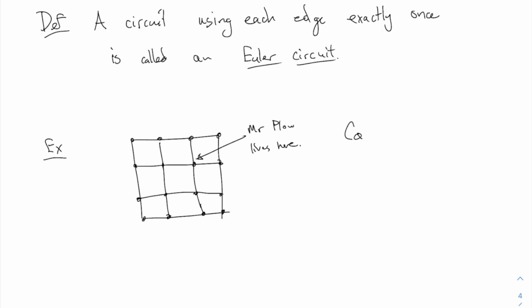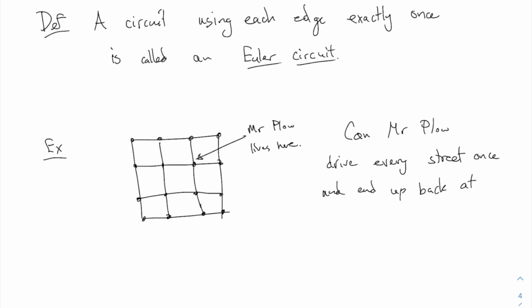The question is, can Mr. Plow drive every street once and end up back at home? With no repeats. No repeated streets, right?